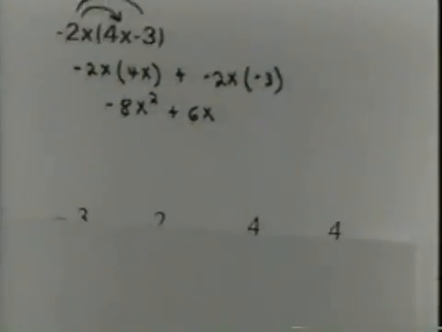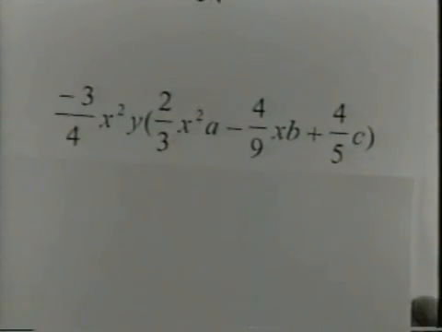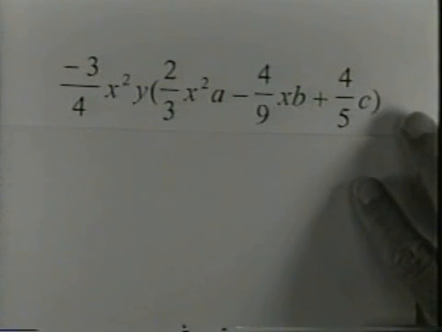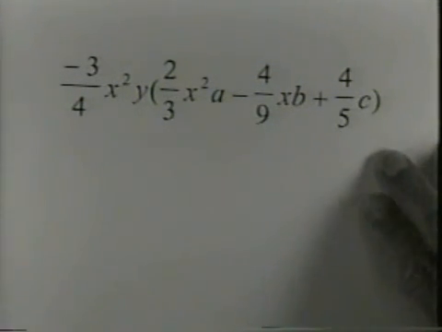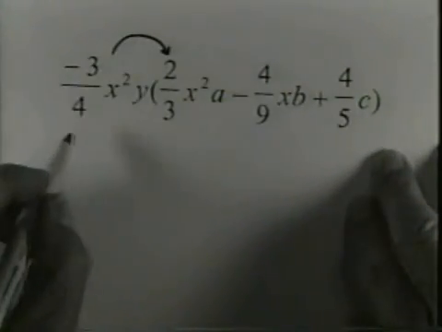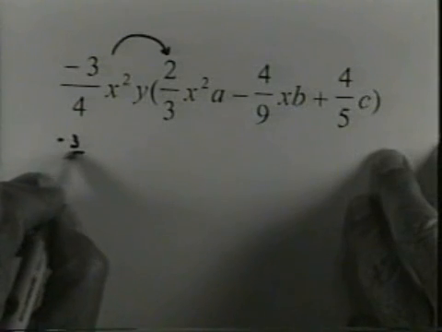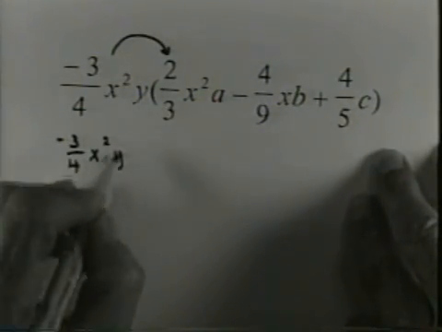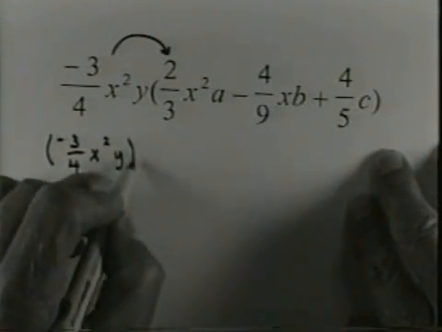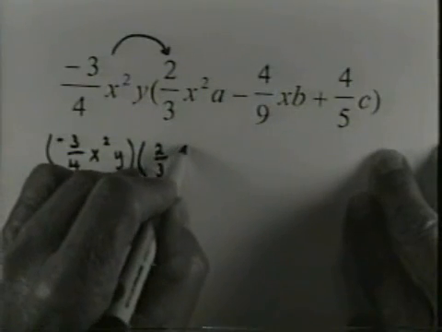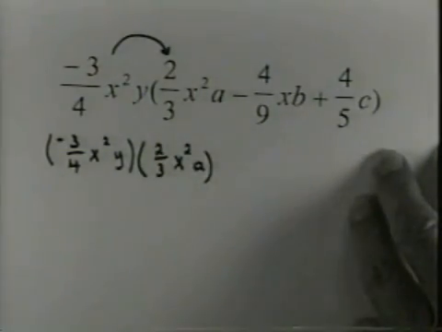Fractional coefficients cause no additional concern. I need to distribute. So I'm going to multiply the negative 3/4 x squared y by the positive 2/3 x squared a.